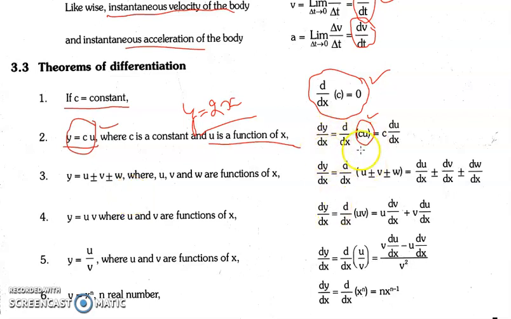So dy by dx means d by dx of cu, since y is equal to cu. What happens in such a case is the constant comes out of the derivative, constant bahar aa jata hai differentiation ke, and we will differentiate the function, that is du by dx. It means in this case we'll simply take 2 out of the derivative, where y is equal to 2x.